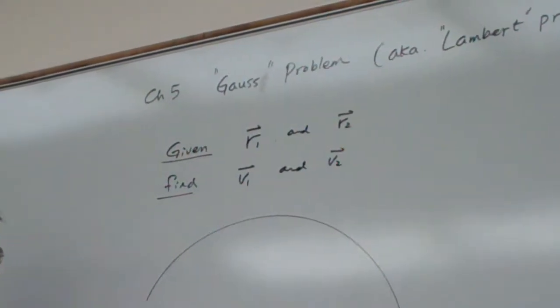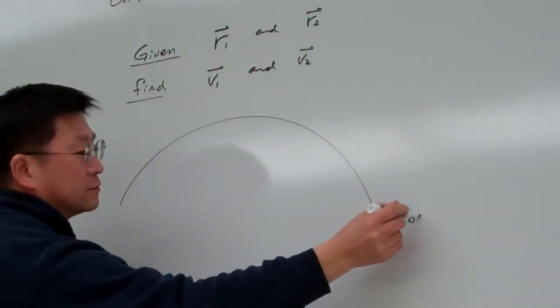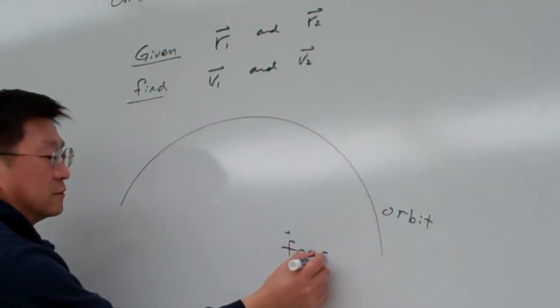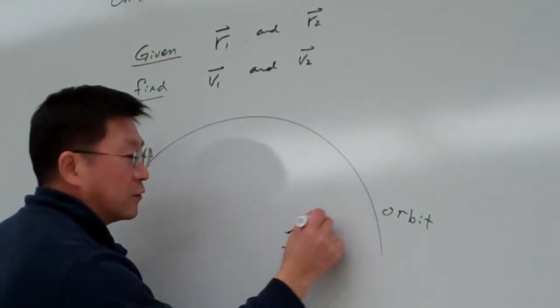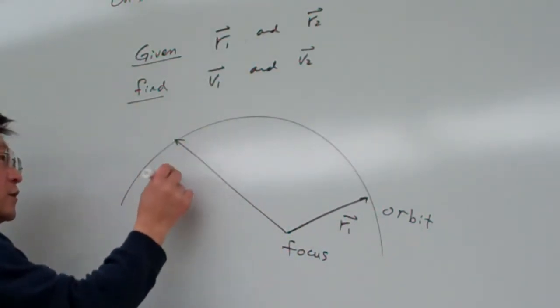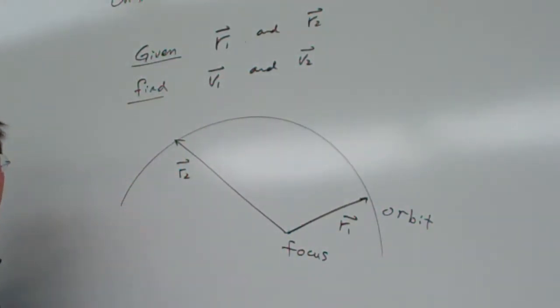If this is the orbit, and this is our focus, here we are given R1, and here we are given R2, and we want to determine the corresponding velocities here.